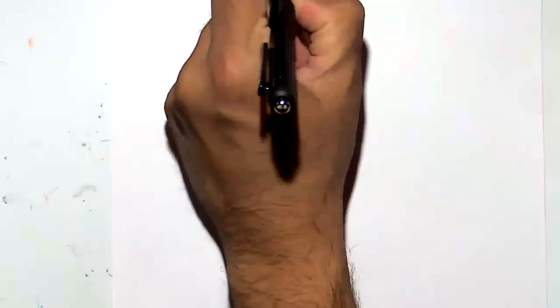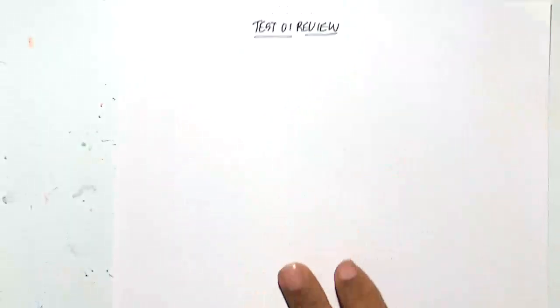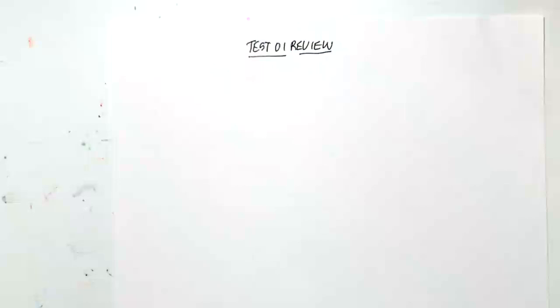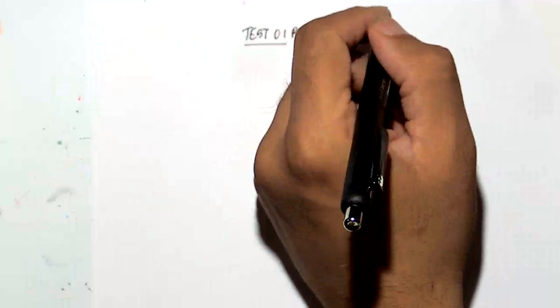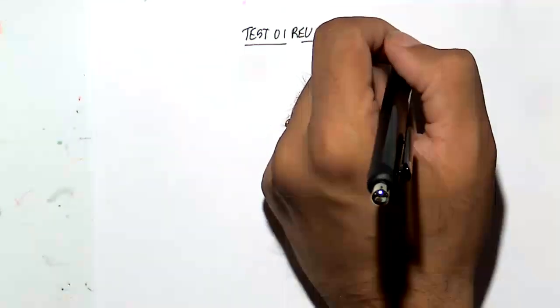Let's take the rest of the class period to review what's on this exam. I'll lecture for about another 20 to 25 minutes. This test will cover chapters 1 and 2, and it's going to be next Tuesday.